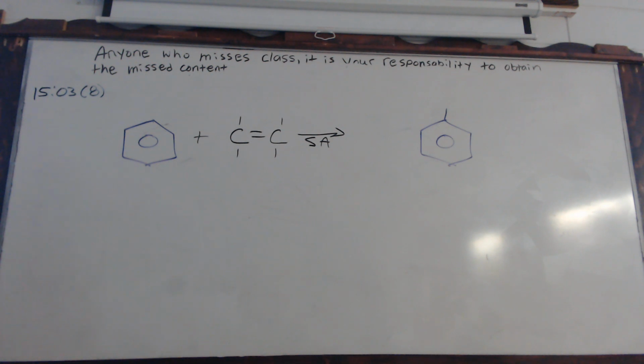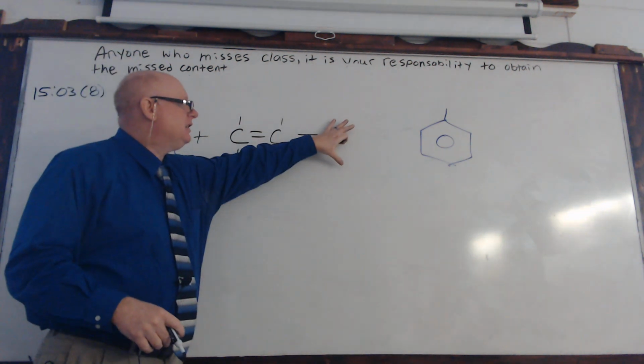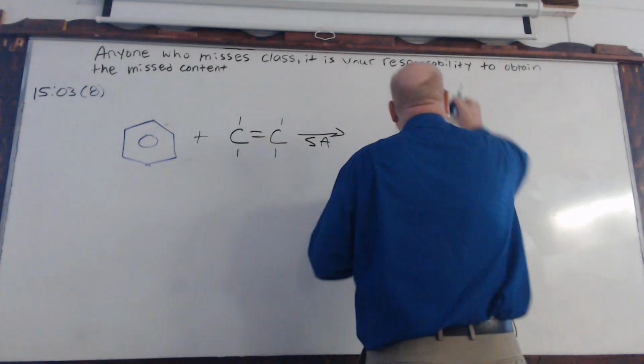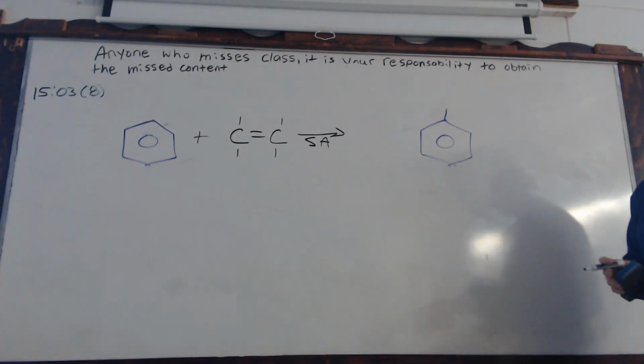So at 1 o'clock, according to your chart, you have benzene, you have an alkene, you have a sulfuric acid catalyst. What does it tell you over here? What gets attached? Yeah, and remember, what is R? That's X, yep.